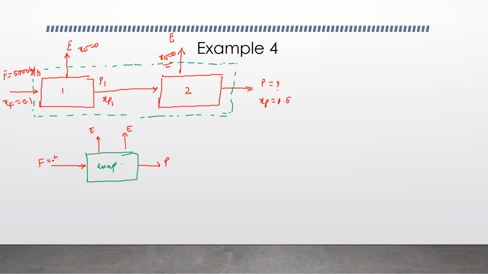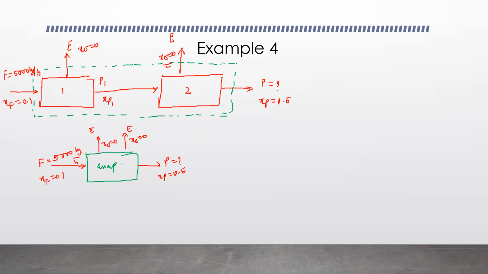Then we have these values: F is 5000, XF is 0.1, XE equals 0 in both cases, and XP is 0.5.